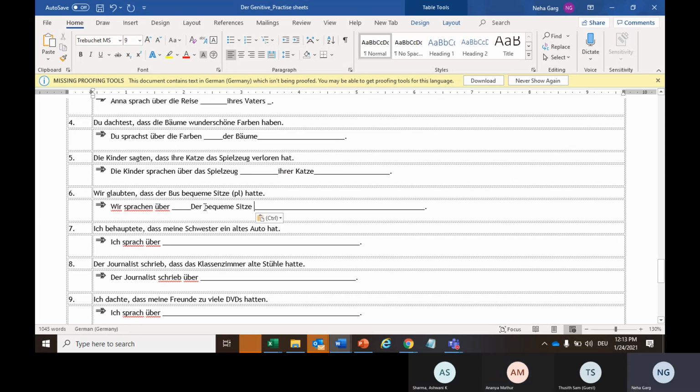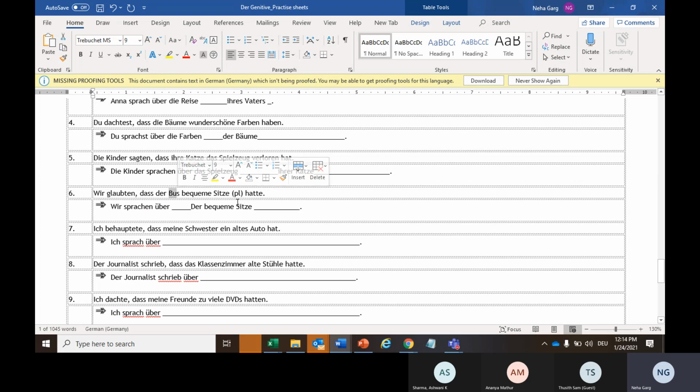Now here, what is happening is, dass der Bus bequeme Sitze hatte, that the bus had comfortable seats. So here we are talking about the comfortable seats. Also über der bequeme Sitze. So bus will not come here.